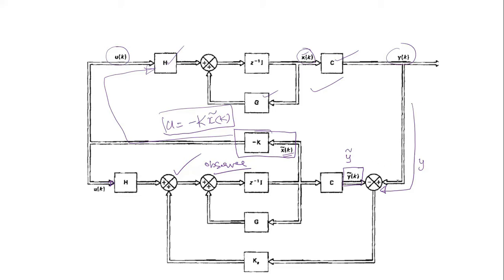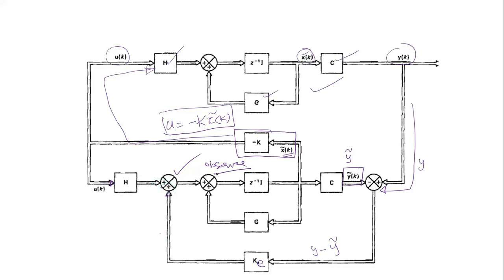We take y minus y tilde, the difference in output, multiply it with the gain matrix ke, and this will be supplied to our observer, the duplicate system.